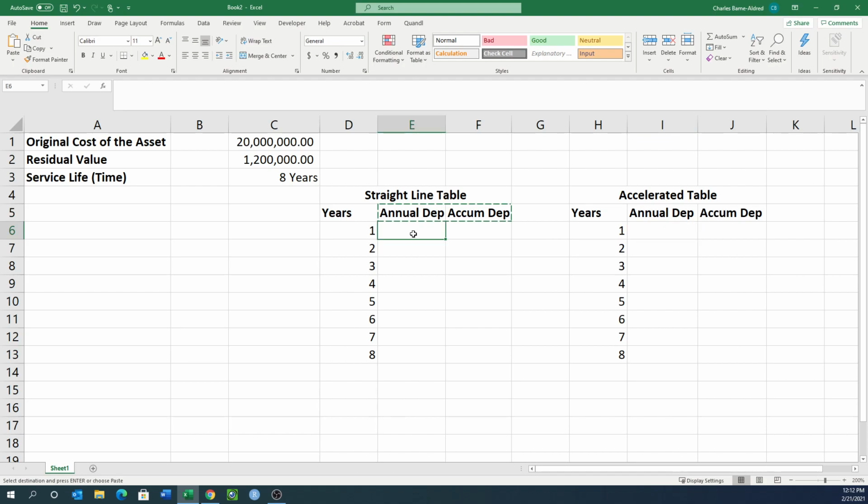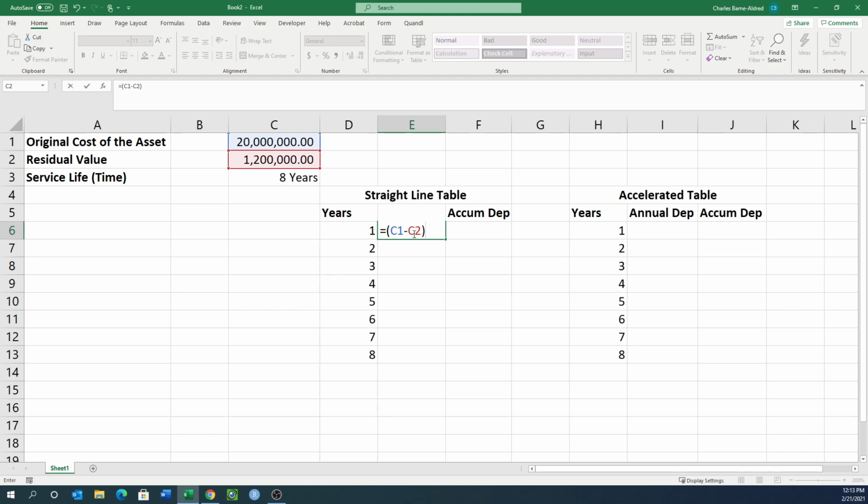So in this first formula, we're going to put in the formula that we had before from our slides, where we had the straight line economic model. When we're trying to figure out what that annual cost is, that's going to be equal to, in parentheses, my original cost minus my residual value, and then we're going to multiply that times the straight line rate, or divide by the service life.